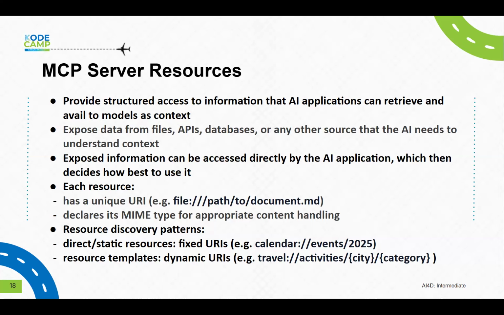That way, the client, or rather the host that requests that resource, will know the most appropriate way to handle the context returned by that resource. And so the resource can be either a static resource, in which case it has a fixed URI, or a resource template, in which case it has a dynamic URI.